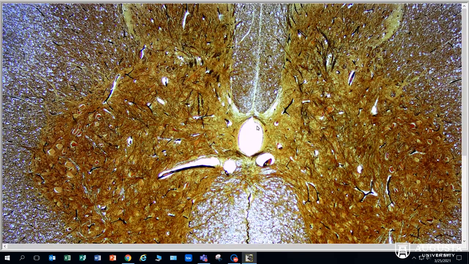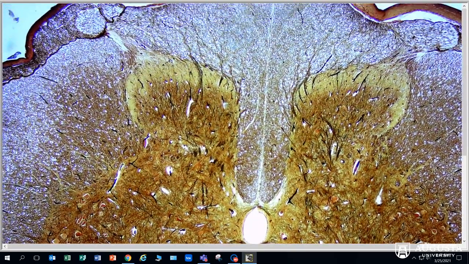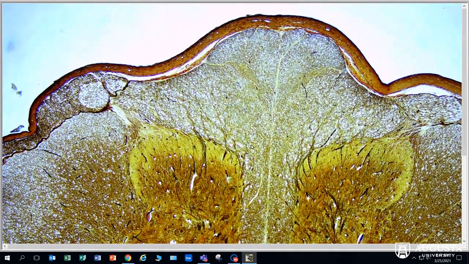The structure in the center that we see here is the central canal, and if we move top to bottom, we're going to move our spinal cord section towards the top, we see this bulbous structure here. This is called the dorsal median sulcus. The most important step in learning the parts of the spinal cord is to identify where is dorsal.